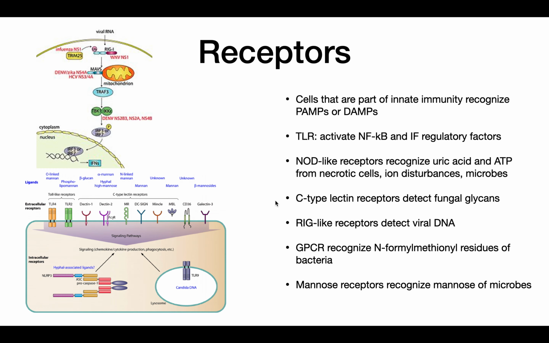Okay, so the receptors are going to be recognizing the PAMPs or DAMPs. The PAMPs will come from the pathogens. The DAMPs are coming from our damaged cells. So the toll-like receptors are going to activate NF-κB and the interferon regulatory factors once these have bound to it.